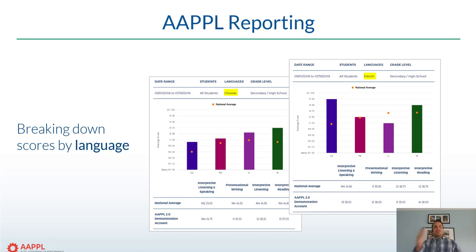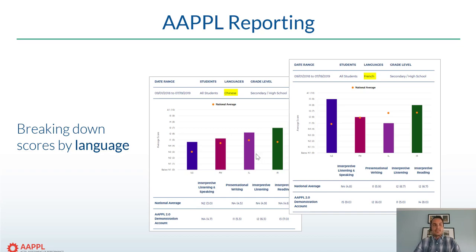Next, we have a language-to-language comparison. This is an interesting one because this is done on the school level, right? So within my school, I'm able to compare, on the left, the students who have taken Mandarin Chinese to the students on the right who have taken French. Again, separated out by skill, right? So I can see dark purple, interpersonal listening and speaking, presentational writing is the lighter purple, I guess we'll say, or pink, and then interpretive listening, then interpretive reading.